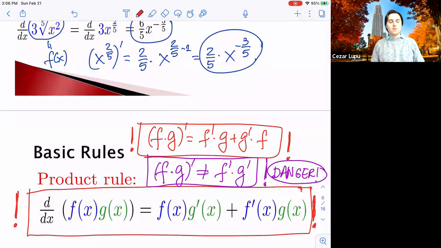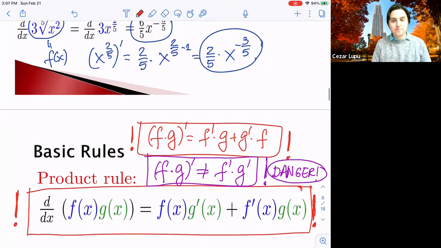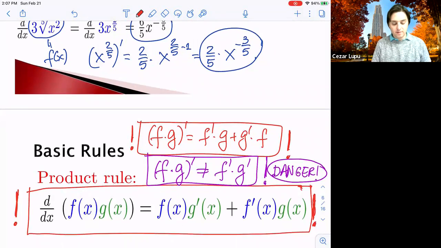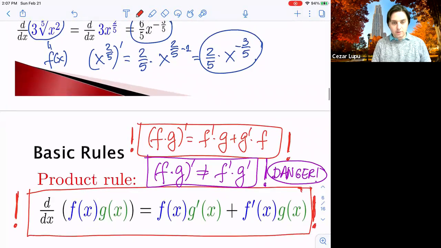So once again, this is what we call the product rule. The derivative with respect to x of f times g is f times the derivative of g with respect to x plus g times the derivative of f with respect to x. Or in other words, (f times g)' is f' g plus g' f.